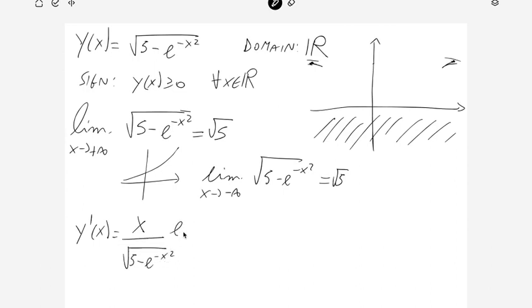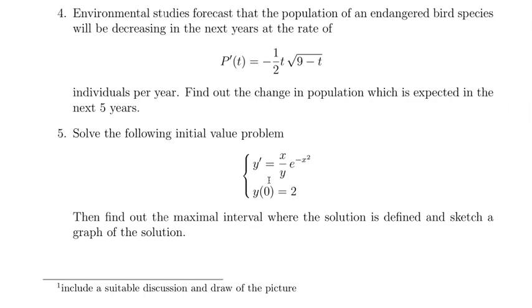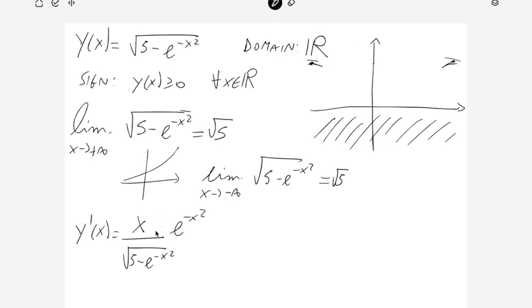In many cases, you don't need to solve for the derivative. If you want to, you obtain this, but if you know that the function is the solution of this differential equation, then you can use the representation of the derivative written in the differential equation. So this is the derivative.